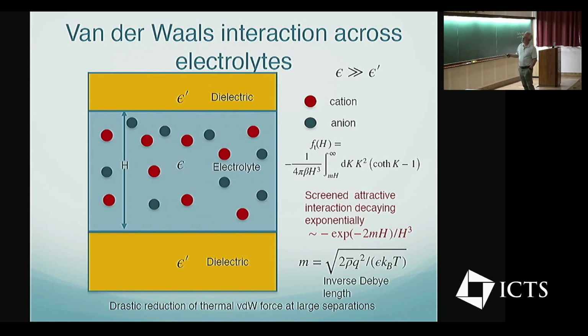At large distances, which are typically the distances you'd be interested in, you have something called the inverse Debye length, which is given by this 2 rho bar. Rho bar is the average density of your electrolyte, Q is the charge. I'm looking at a monovalent electrolyte system, so the plus charges and the minus charges, this is plus Q, this is minus Q. This is called the inverse Debye length. So you have this miraculous screening.